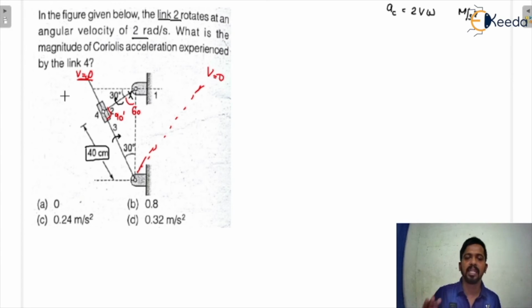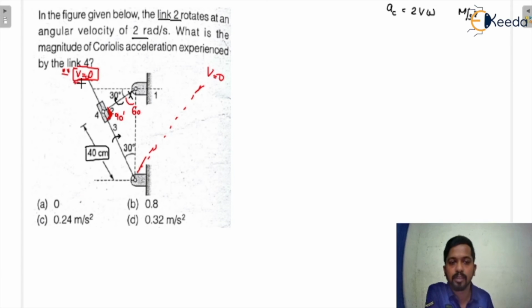The dead position is achieved by the slotted bar when the crank, that means link 2, is perpendicular to the slotted bar. At that condition the velocity will be 0.